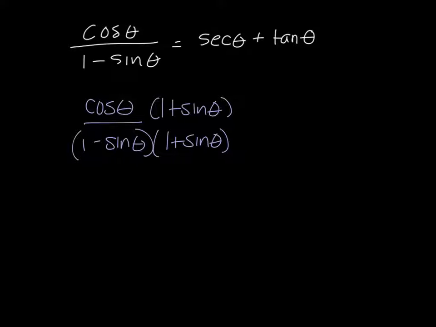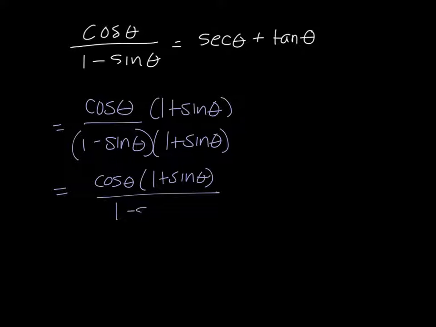Now on top, we have cosine theta, and I'm just going to leave it as 1 plus sine theta for right now. We might change it, we might not. But on the bottom is what I'm more interested in. If you FOIL that out, or you box that out, you're going to get 1 minus sine squared. So this is another one of those moments where we look at our identity, and we have sine squared plus cosine squared equals 1.